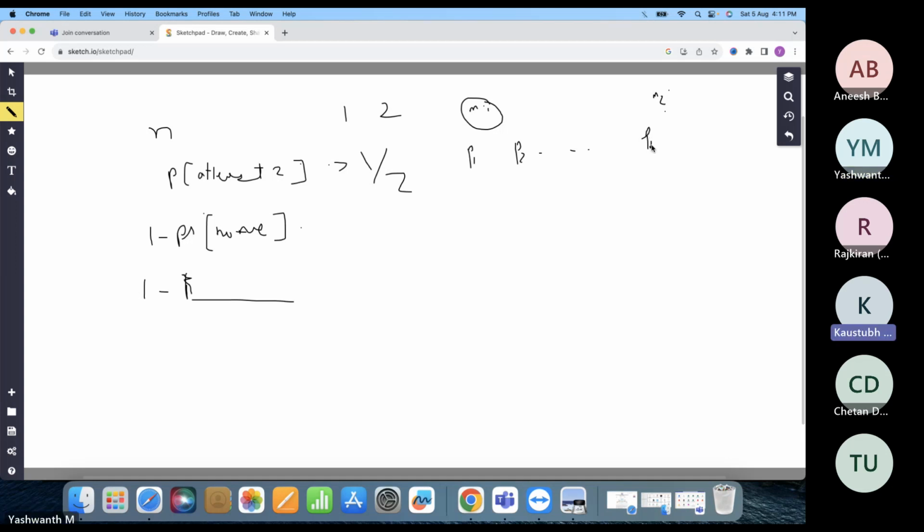Here person one can have a birthday in any of these 12 months. Person 2 can have a birthday in any of these 12 months, and so on.